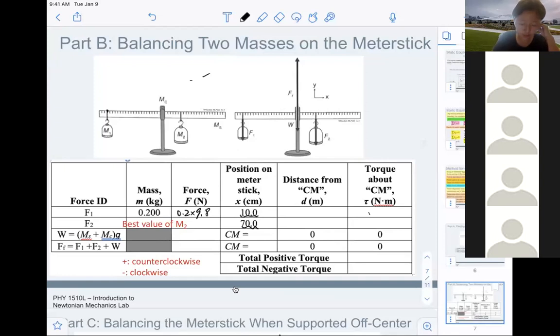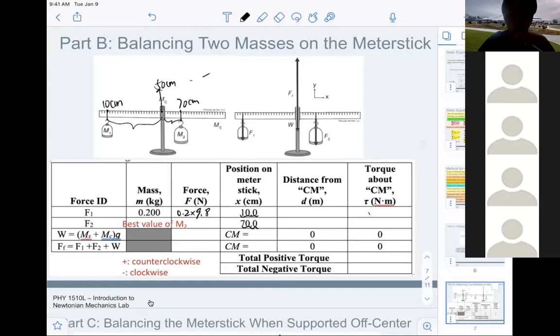So this reads as 10 on the meter stick, and this is 70 on the meter stick. The center of the mass, if you read 50, is simply going to be 50. So you can see this weight will have a much shorter lever arm than this one, so you have to add a lot more mass in order for it to balance.